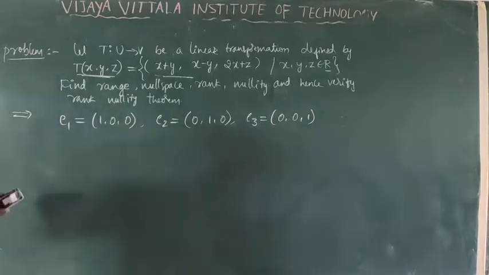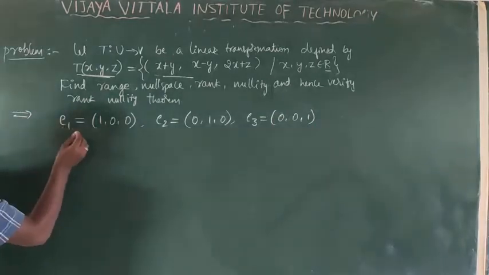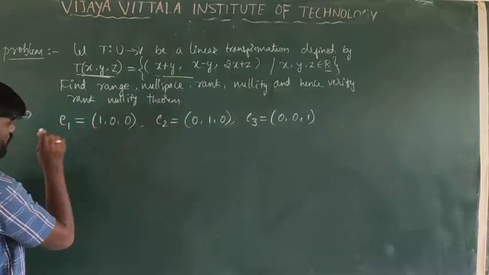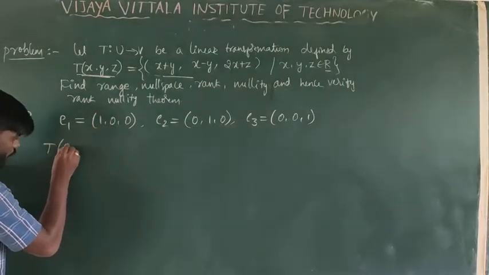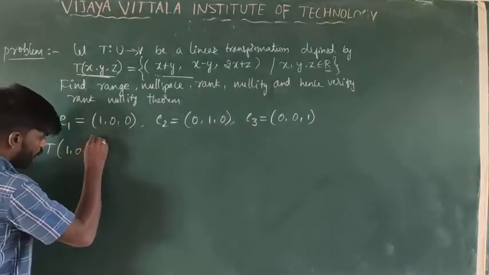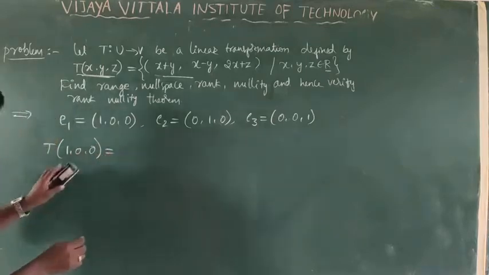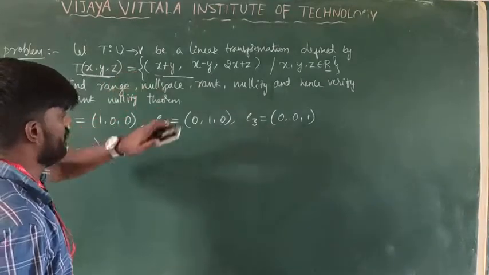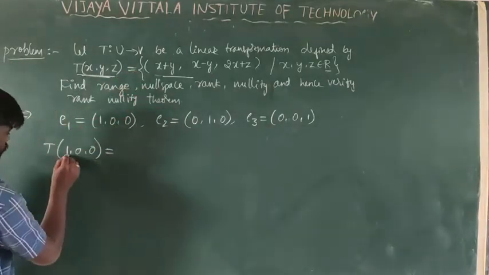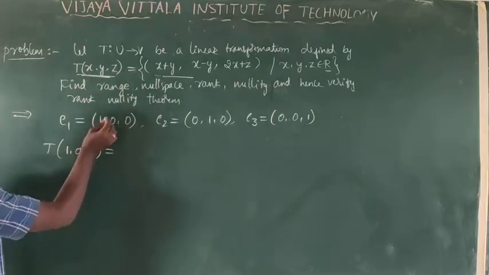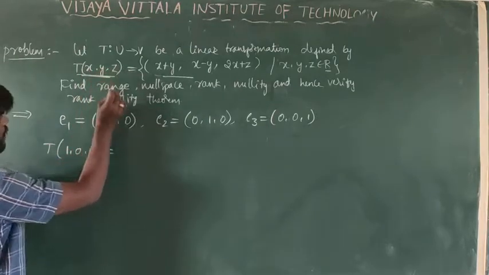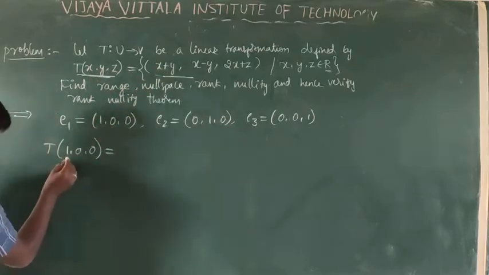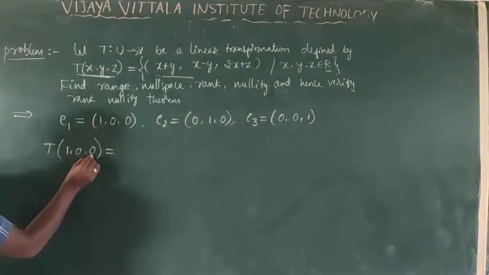First, we have to substitute in place of x, y, z. We get T of 1, 0, 0, applying this linear transformation T of x, y, z. Here x plus y, where x is 1, y is 0, z is 0.